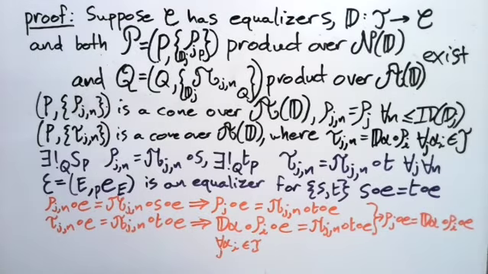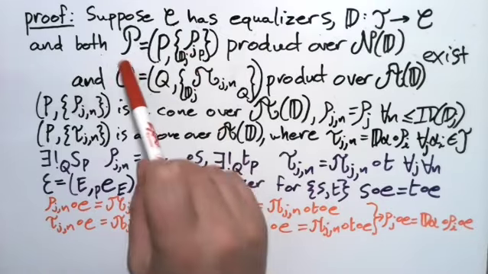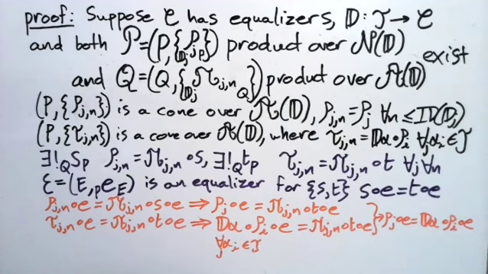But what is this equation saying? It's basically saying that the composition of the equalizer morphism e with the projections of P commutes with all of the morphisms in the diagram, right? Because this applies to any morphism in the diagram. So basically it's saying that you can use the composition of e and rho i or rho j, depending on which component you're looking at, to form the legs of a cone.